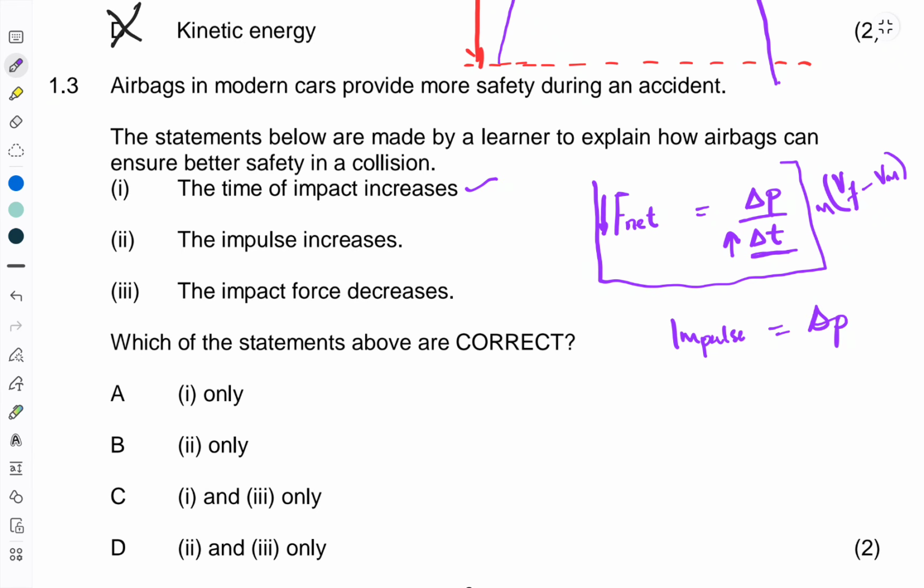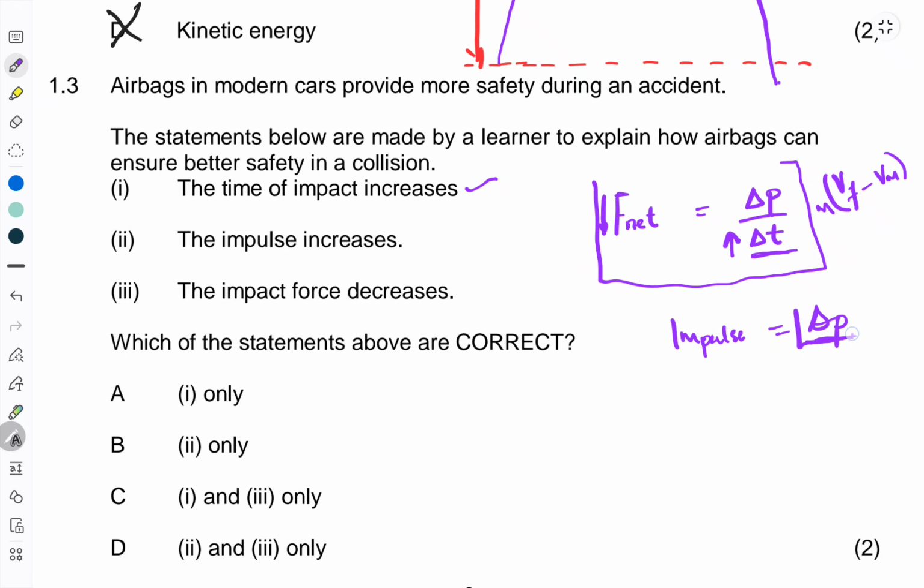Now we know that momentum will stay constant, because your change in momentum will be constant throughout this whole situation. You have a final velocity VF of 0, that is after the airbag or the car has stopped, and your VI is the speed at which you were initially traveling before the airbag deployed or before your car came to a halt.